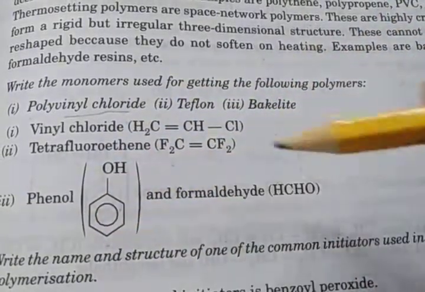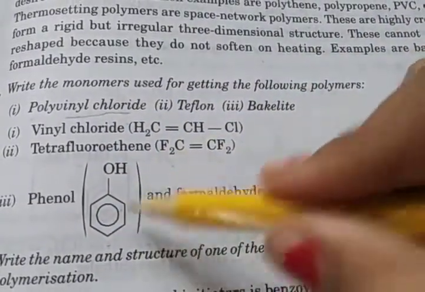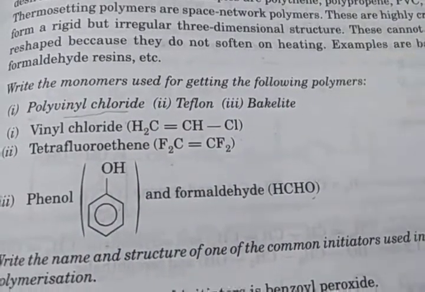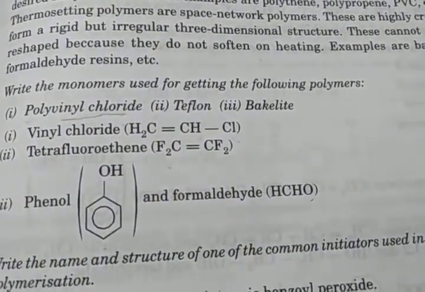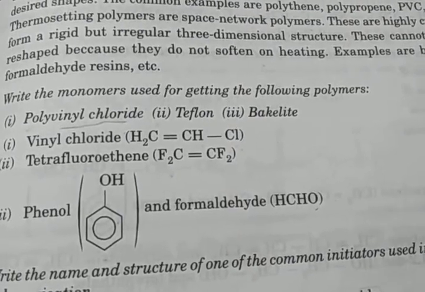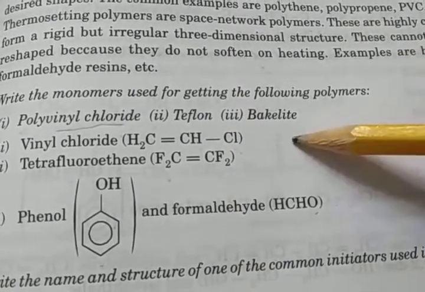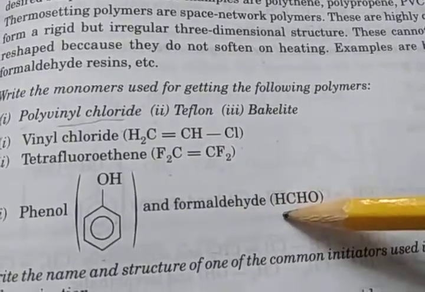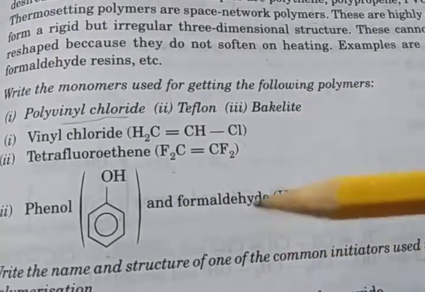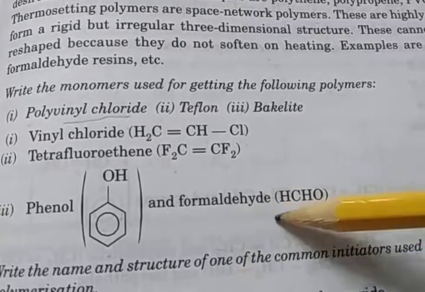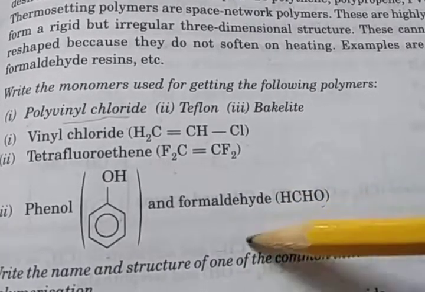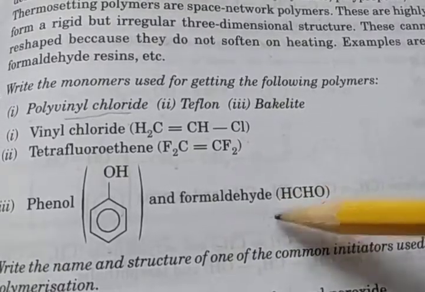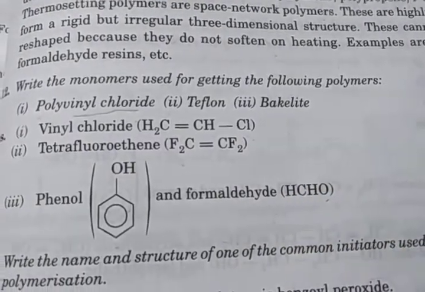First phenol and formaldehyde combine and form novolac. Novolac is again cross-linked together, then bakelite is formed. So the simple monomer units of bakelite are phenol and formaldehyde.